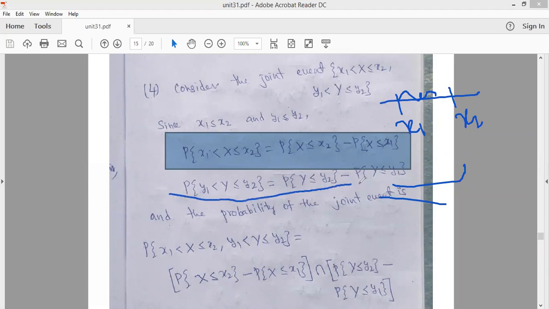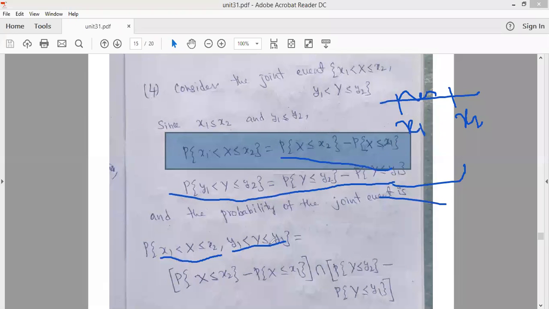Now we are interested in finding the probability of the joint event, that is, between x1 and x2 and between y1 and y2. Just now we discussed how to write the probability of x1 less than x less than or equal to x2 as probability of x less than or equal to x2 minus probability of x less than or equal to x1.